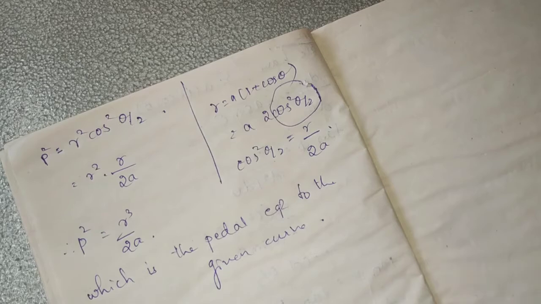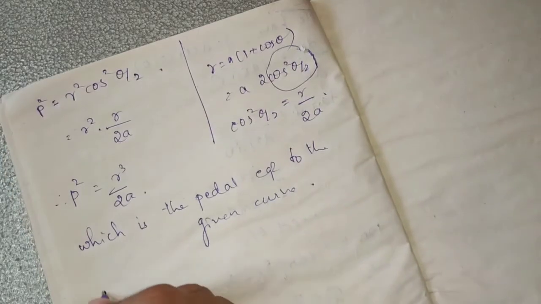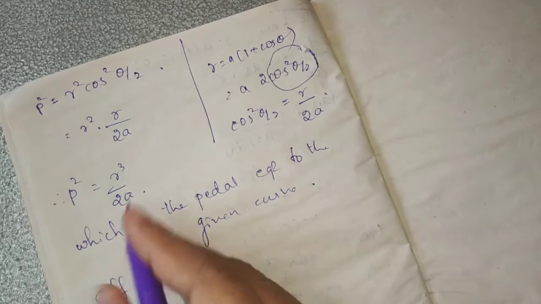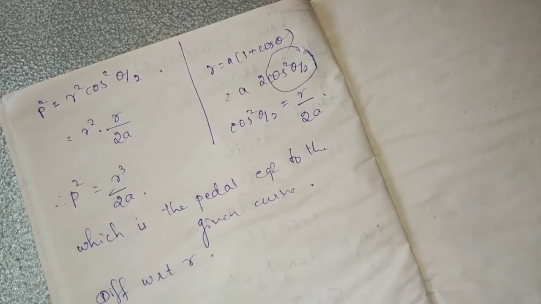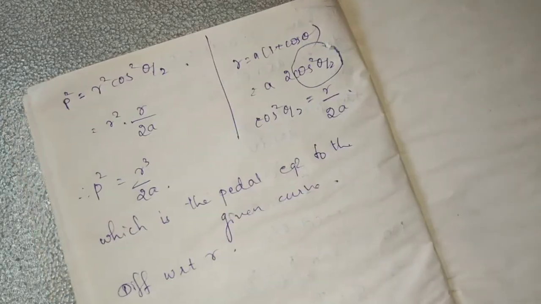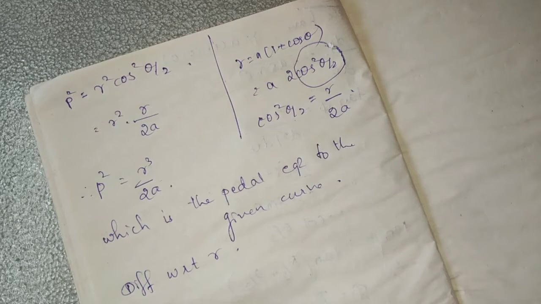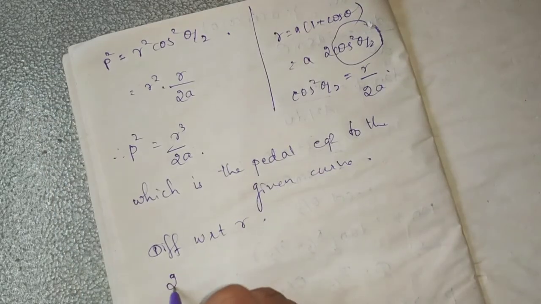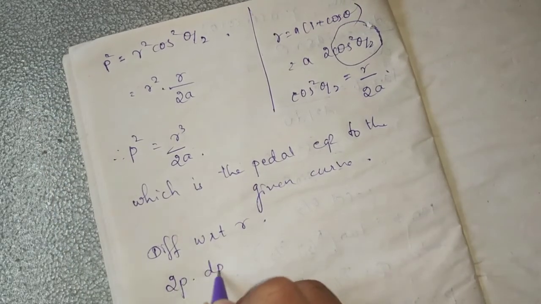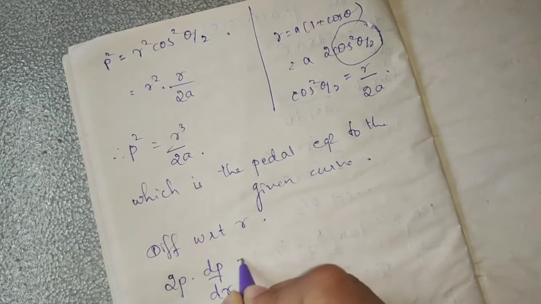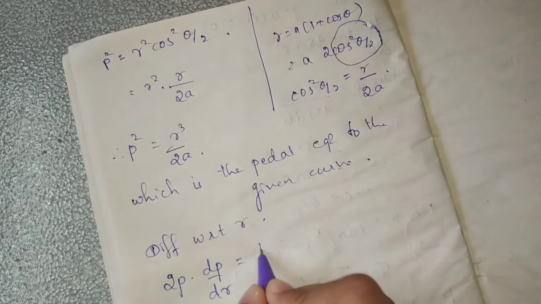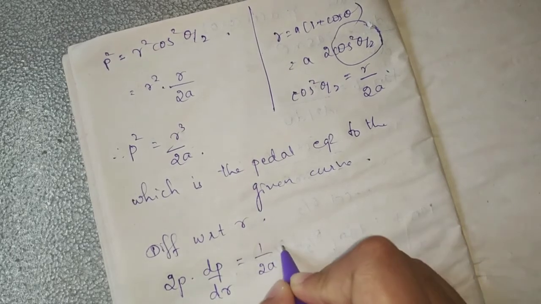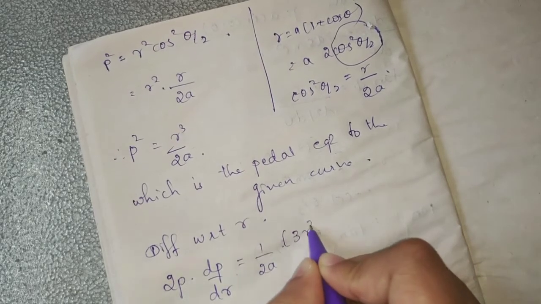Now we need the radius of curvature. So differentiating this with respect to r according to the formula. The derivative of p square is 2p dp by dr, equal to the derivative of, here 1 by 2a is constant, the derivative of r cube is 3r square.